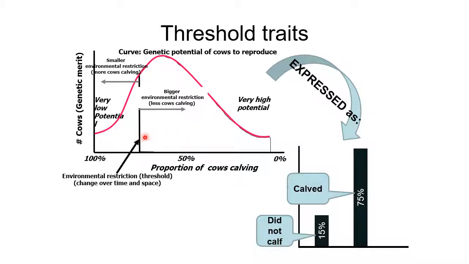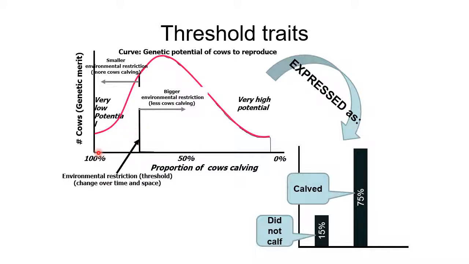If the threshold moves to the right, so this is a more difficult season, a specific cow, let's say she's on that point where my pointer is in terms of genetic merit to calve or not to calve. In a good year she will calve, but if this threshold moves towards the right and she's just on the threshold, she will not calve because her genetic merit does not allow her to calve in a bad year.